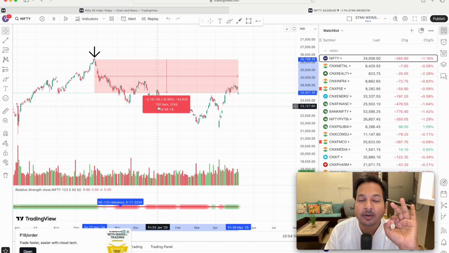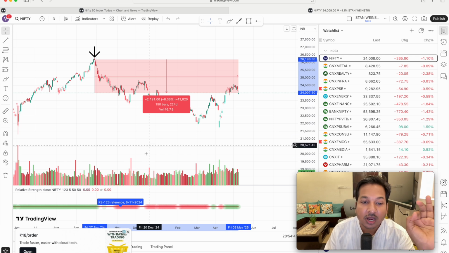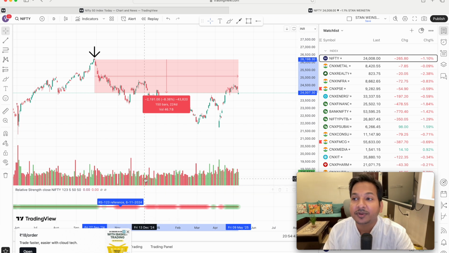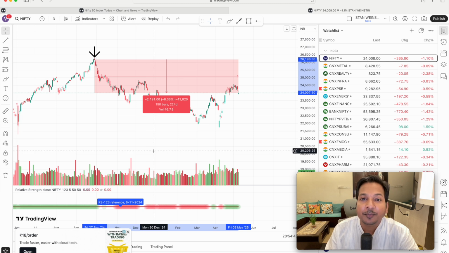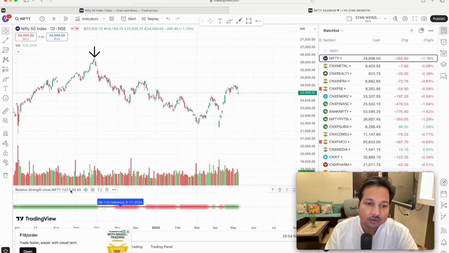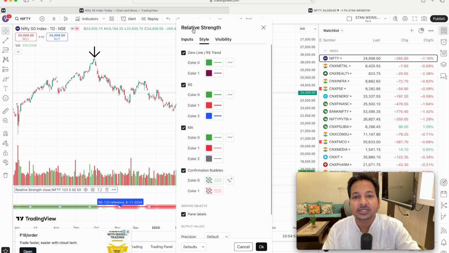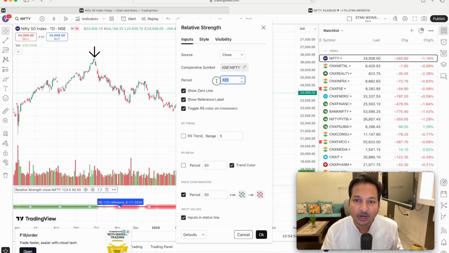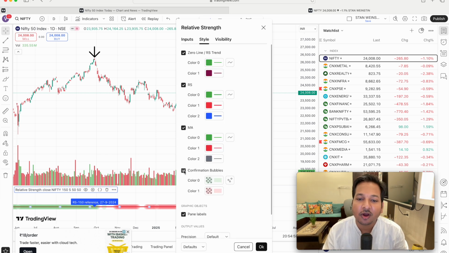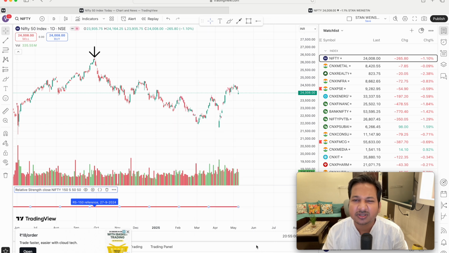So this is your magical number, 150. Now when you put 150 in the indicator, it will compare over the last 150 daily candles. So we will go to the settings, change the input from 123 to 150, and in style we will turn off this confirmation bubble, because I don't like that.